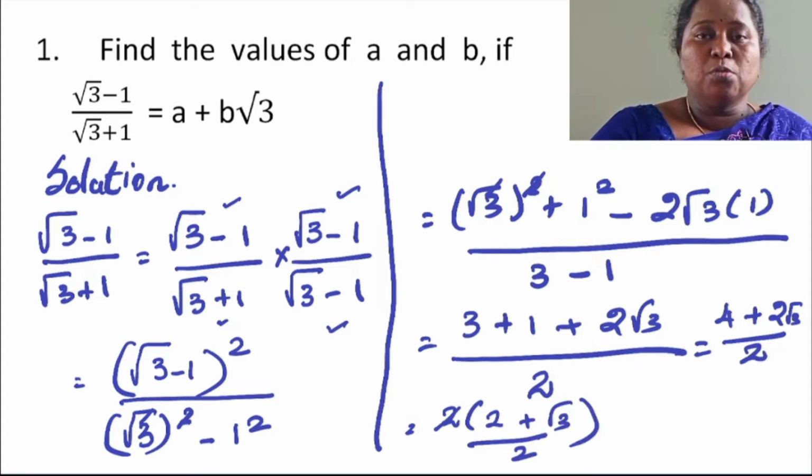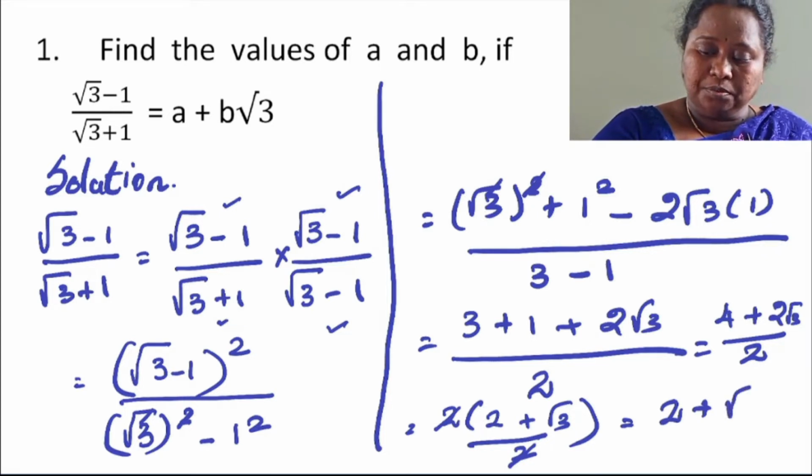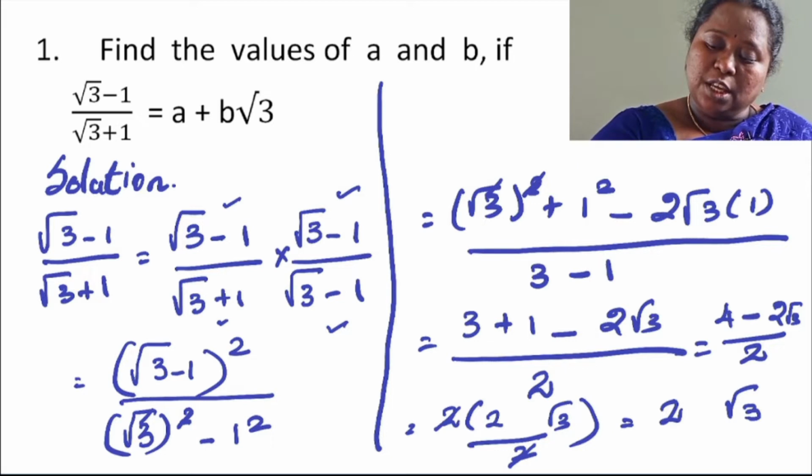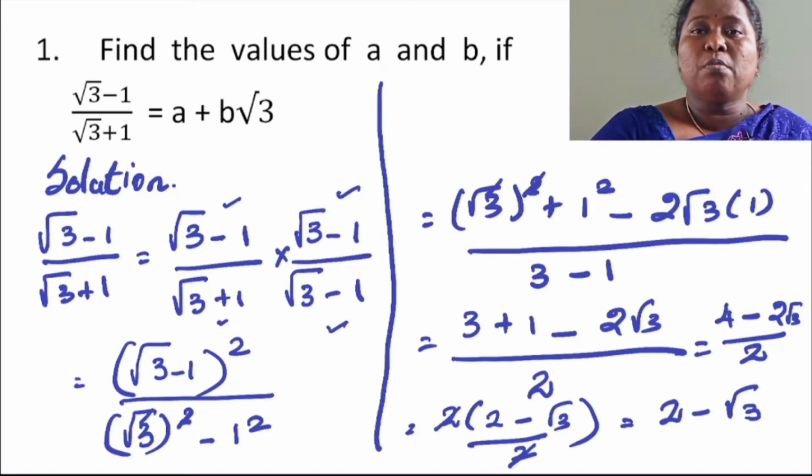So, this 2 in the numerator and denominator will be getting cancelled. The final answer is 2 plus root 3. Sorry, here minus will come. Here 3 plus 1 minus 2 root 3. Here also minus, here also minus. So, 2 minus root 3 will come.